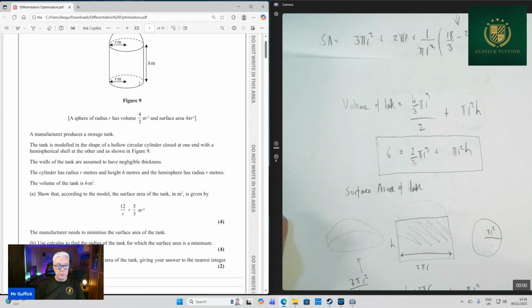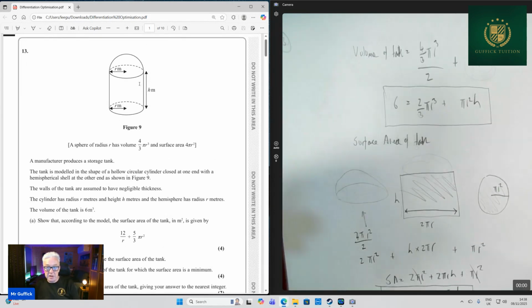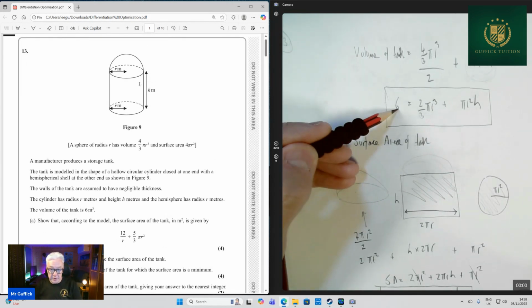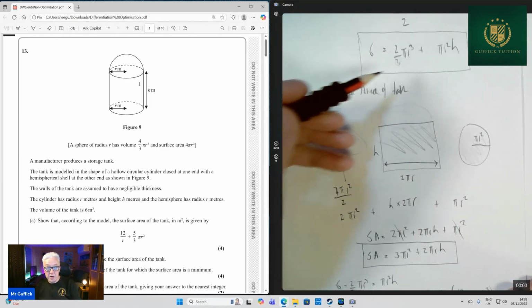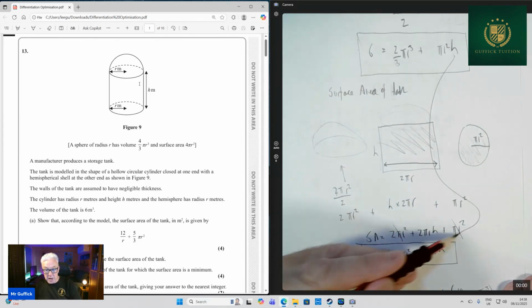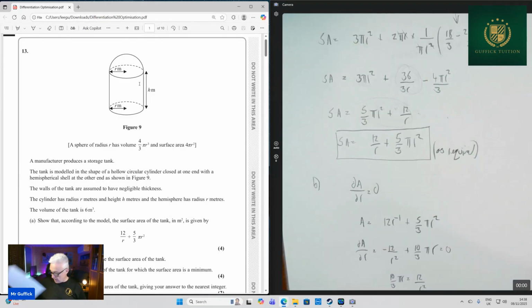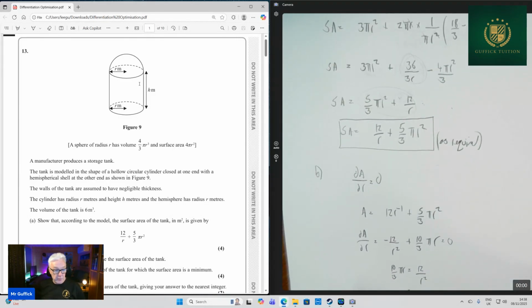In this differentiation optimization, we found an expression for the volume, subbed in the fact that the volume was 6. We found an expression for the surface area, and we rearranged this one to make h the subject, and we subbed in there. And that gave us what we were after, and that's our first 4 marks.